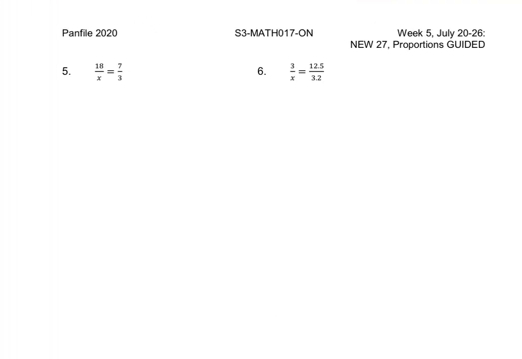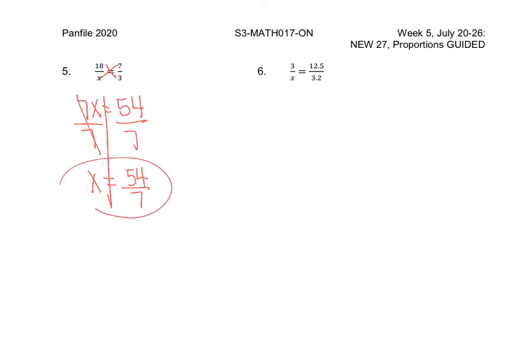All right, cross multiplying. Get 7x equals 54. I don't believe that simplifies because, again, 7's a prime number. Anytime you have prime numbers in there, 54 is not divisible by that because 56 is, so 54 is not going to be, and you're all done. This one starts with decimals, so you can end with decimals.